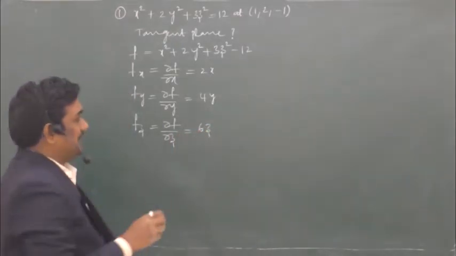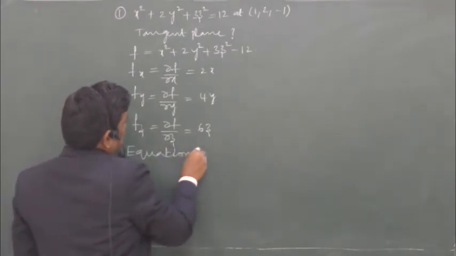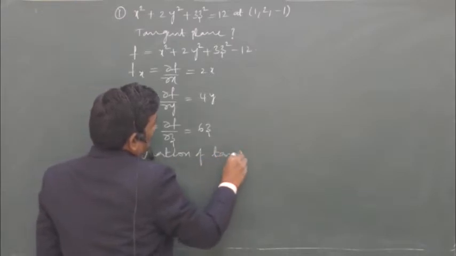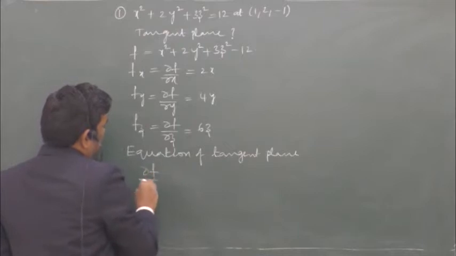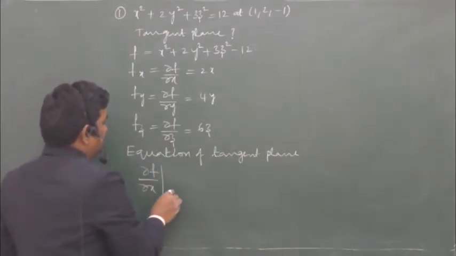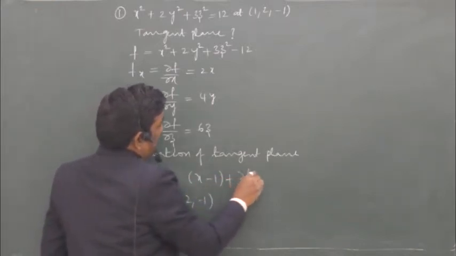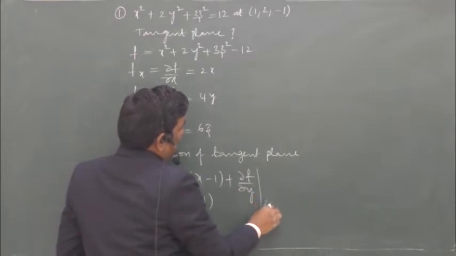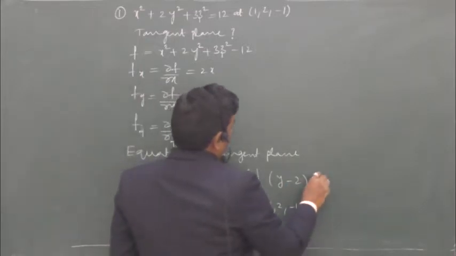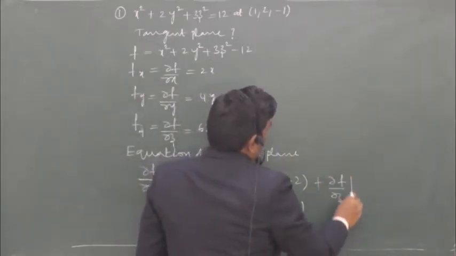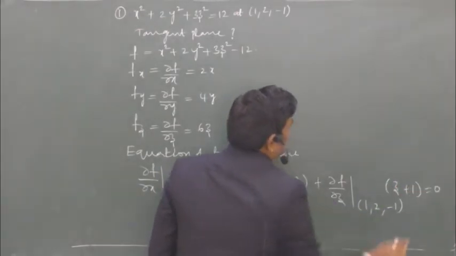Now the equation of tangent plane formula is dou f by dou x evaluated at the given point 1, 2, minus 1 into x minus 1, and dou f by dou y evaluated at 1, 2, minus 1 into y minus 2, and dou f by dou z evaluated at 1, 2, minus 1 into z plus 1 equals to 0.